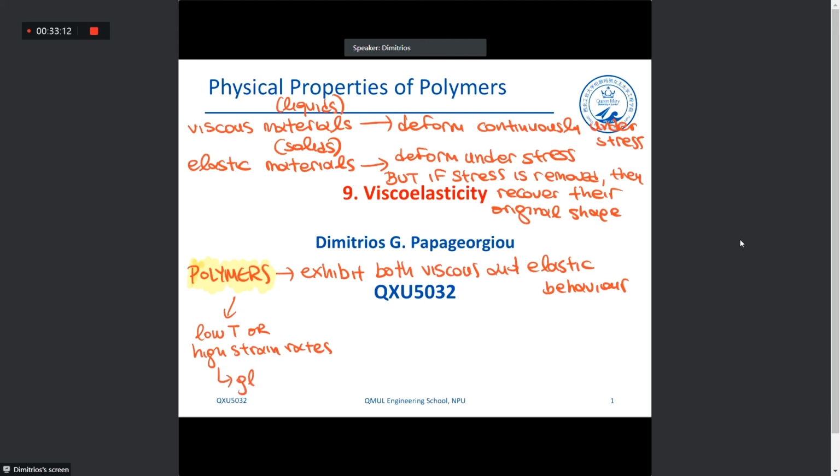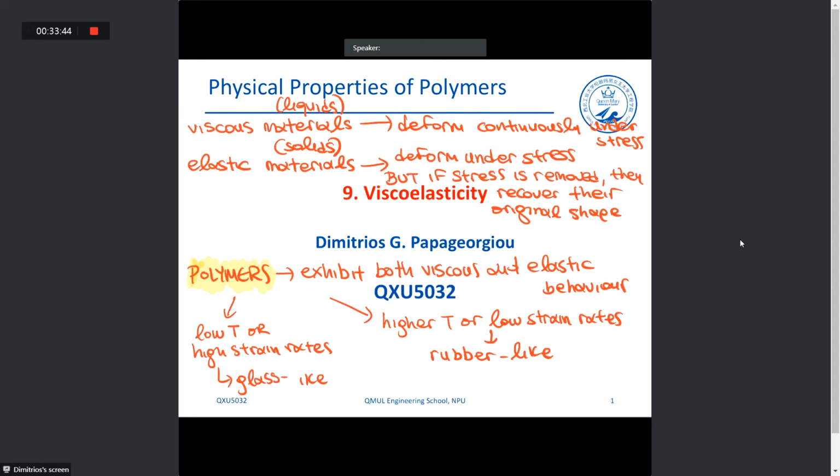On the other hand, at higher temperatures or low strain rates, the behavior is rubber-like, okay?